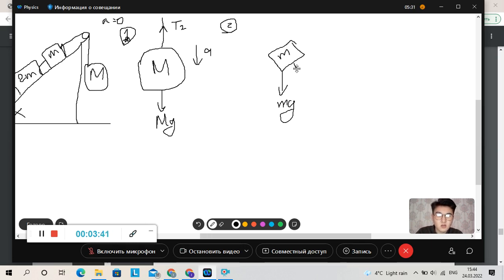We need to draw this mg cosine alpha, and this mg sine alpha, and we have the friction force like F1, and we have the normal, but this is not important, and we have the tension too.